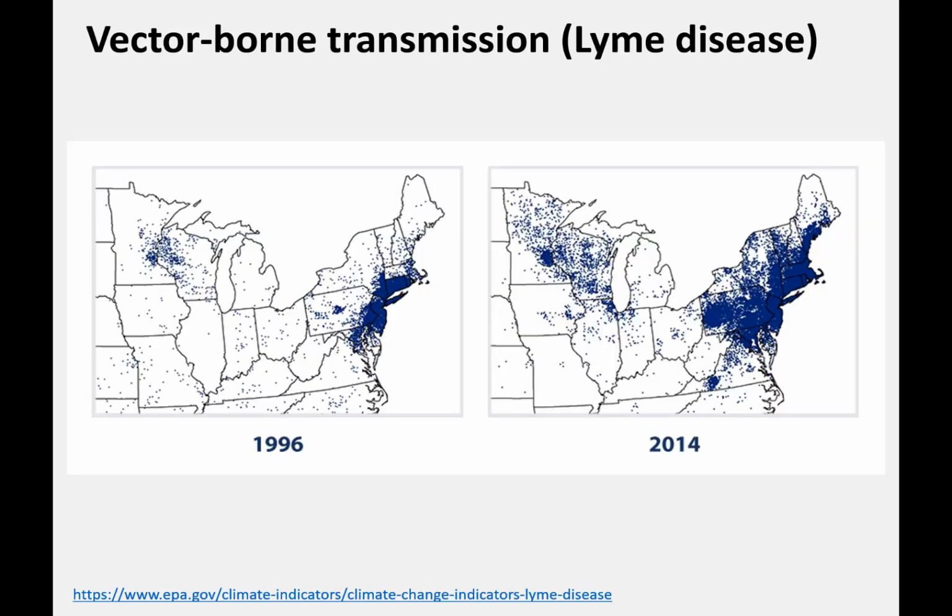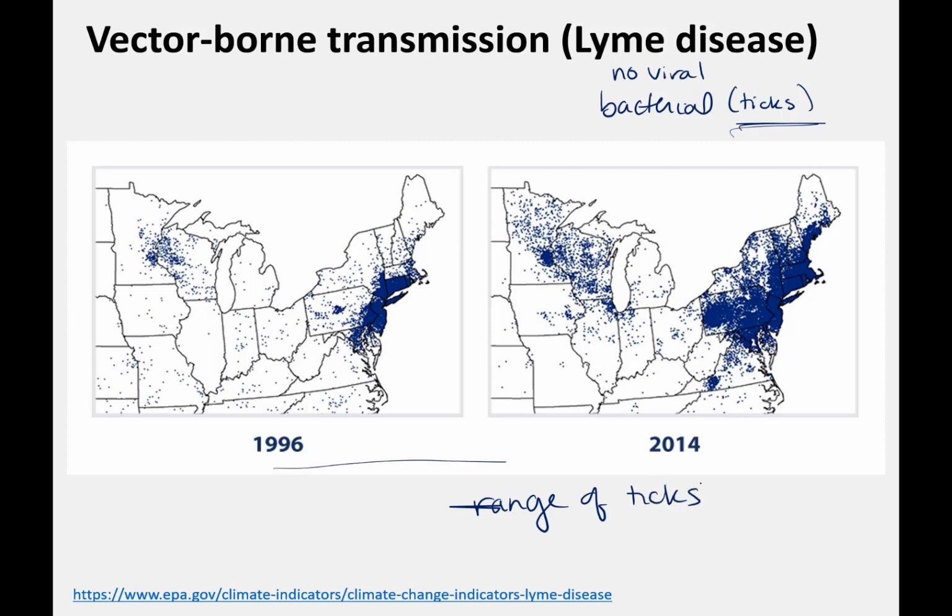Lyme disease, this is not viral. This is bacterial, but I just put it here. This is spread by ticks to show you that the range of these ticks is increasing over time.